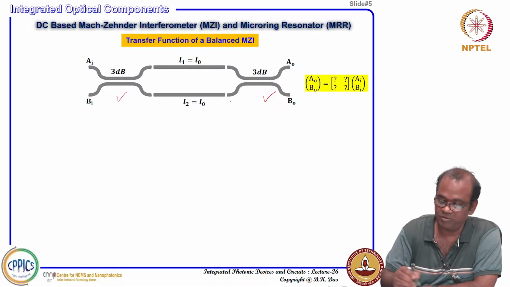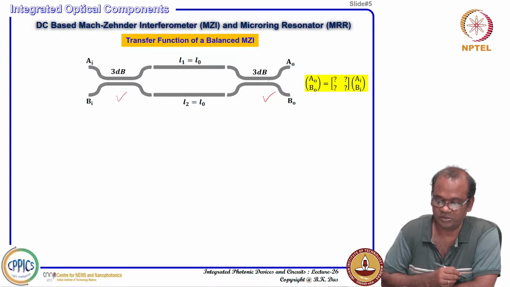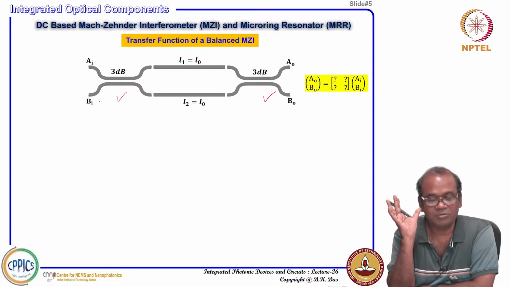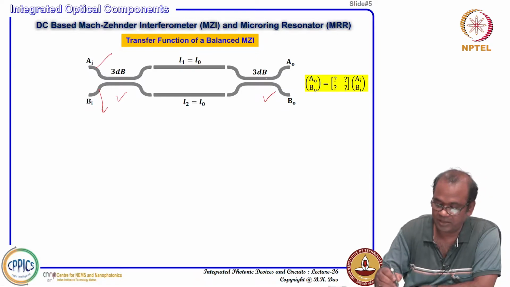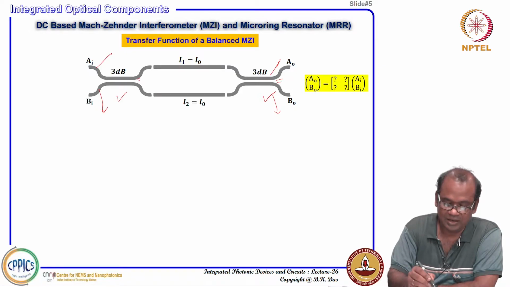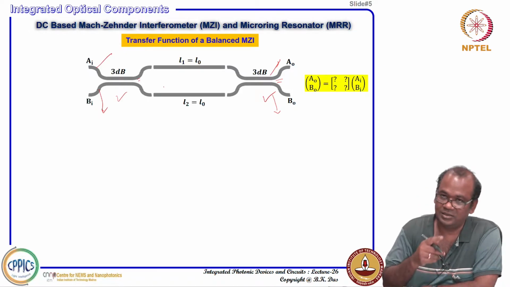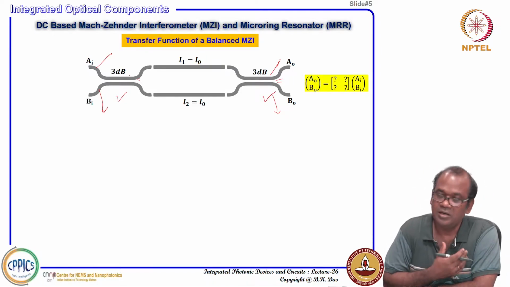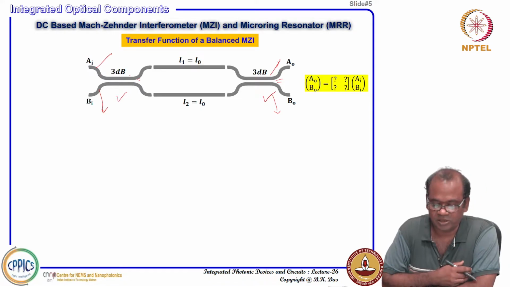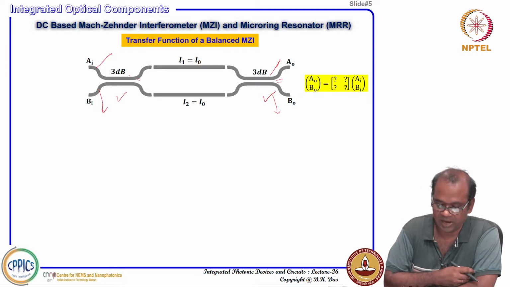So, this is also a 3 dB power splitter, this is also a 3 dB power splitter, and two exactly identical directional couplers, meaning this waveguide and this waveguide are identical, their gap is also identical, their length is also identical, and it is adjusted such that both act as a 3 dB power splitter. We know the transfer function of a 3 dB power splitter, we discussed that just a few moments before.